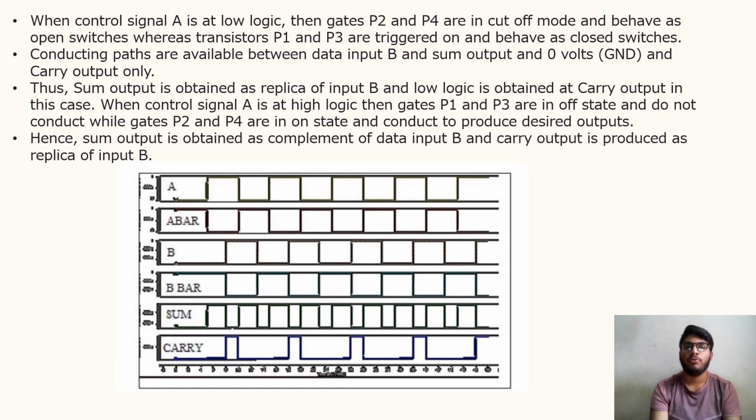Thus, sum output is obtained as a replica of input B and low logic is obtained at carry output in this case. When control signal A is at high logic, then gates P1 and P3 are in off state and do not conduct, while gates P2 and P4 are in on state and conduct to produce desired outputs.